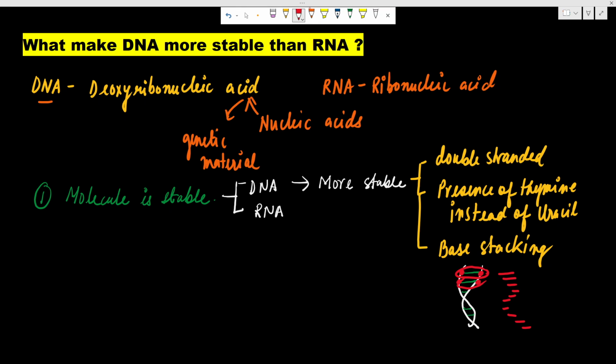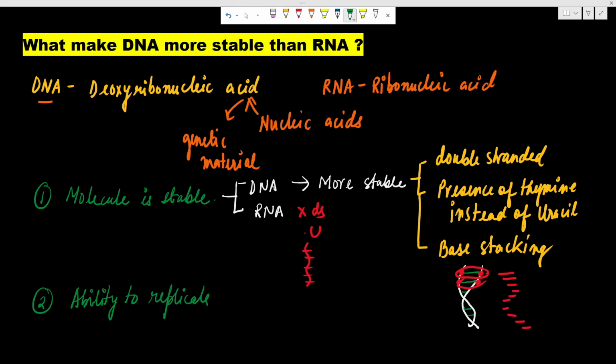But RNA, of course, is not double stranded. There is presence of uracil instead of thymine, and being a single stranded molecule, this base pairing or base stacking concept is also not very valid in providing stability to the RNA molecule, right? Next point is that the molecule which will be considered to be the genetic material must have the ability to replicate.